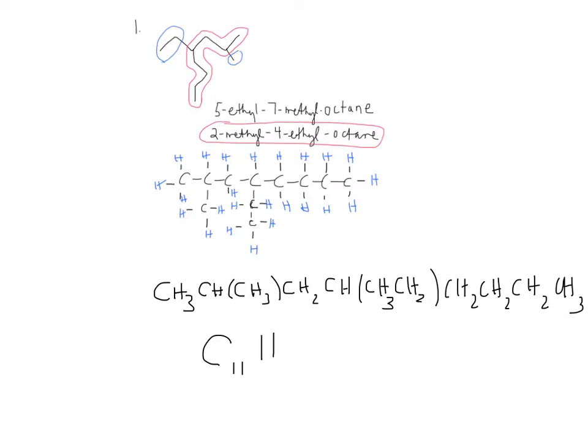And then the hydrogens are 3, 4, 7, 9, 10, 15, 17, 19, 21, 24. So if you double the 11, you get 22, and add 2 and get 24. So that looks right for the saturated hydrocarbon. That would be the molecular formula.